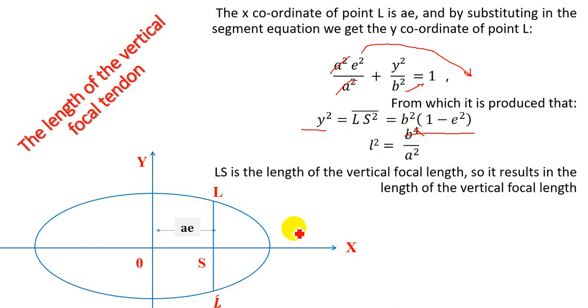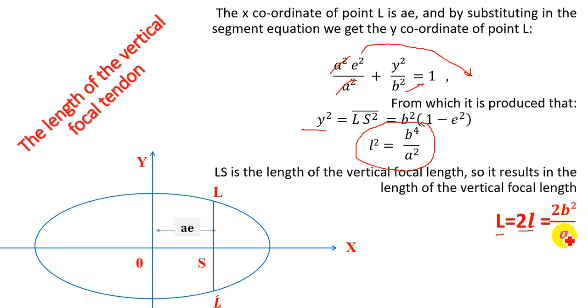I can get it from L capital equals 2L equals 2b squared over a.